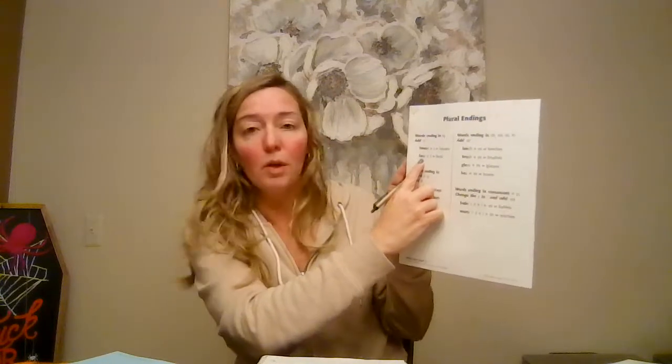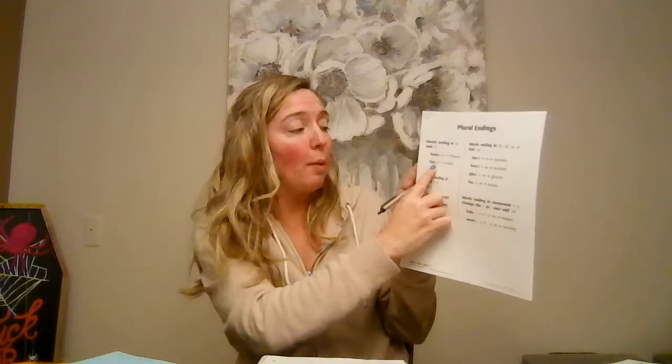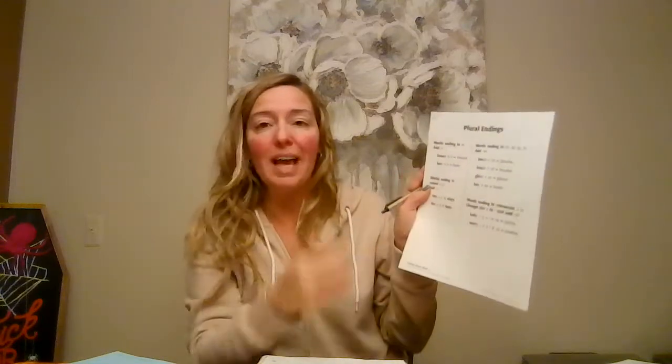So houses. Face, we look at the word face. Face ends with that E. So all we have to do is add an S to make it plural, and it becomes faces. So again, plural means we have more than one. So if a word ends with E, all we do is add the S.